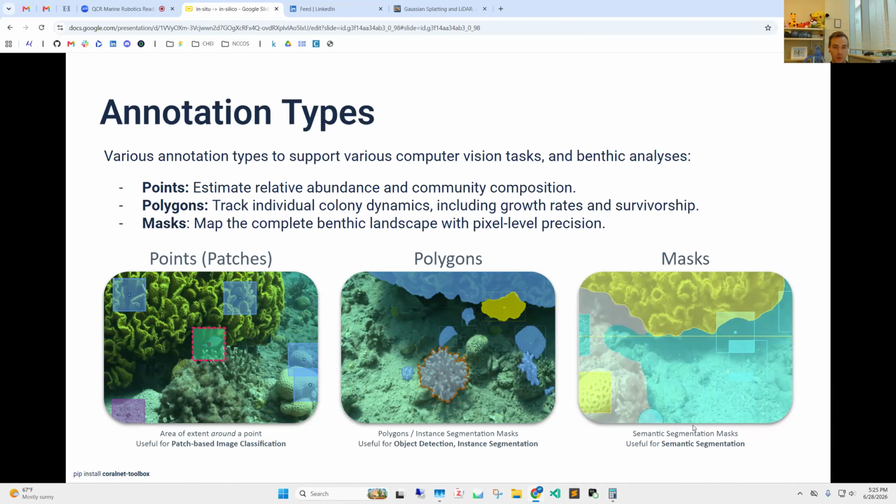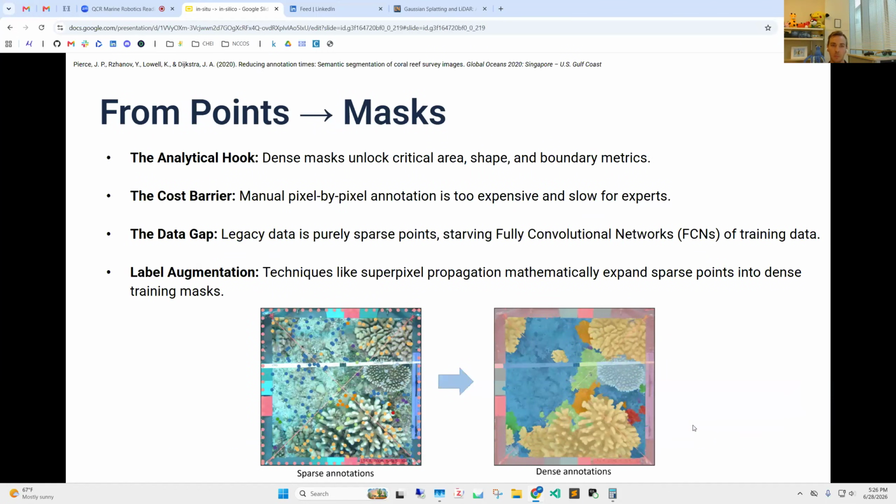If researchers wanted to track, for example, how an individual colony might change across time, maybe they grow, maybe they survive, maybe they split, they would need something like distinct polygons or instance segmentation masks. And obviously, if you want to map the entire reef, you would want to provide a per pixel label for every single image, or point in the point cloud, or face in the mesh. So you would need something like dense semantic masks.